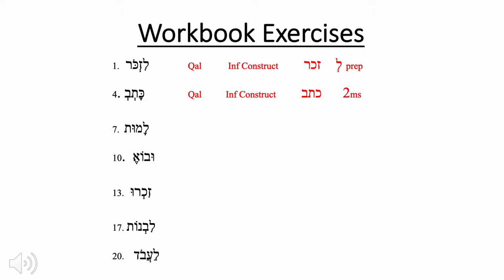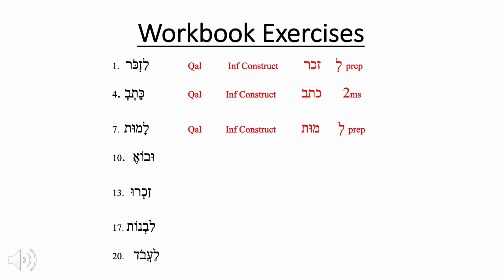What about number 3, which is actually number 7, since we're doing every third here in the workbook? How would we parse this one? This is a Qal infinitive construct from mut. You'll notice that mut, which is the dictionary form of this particular verb, is the same as the infinitive construct.